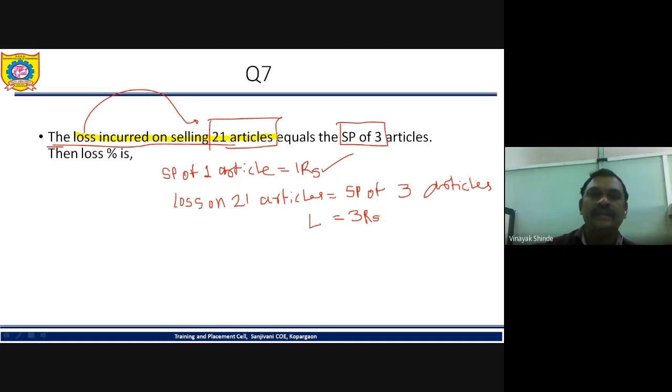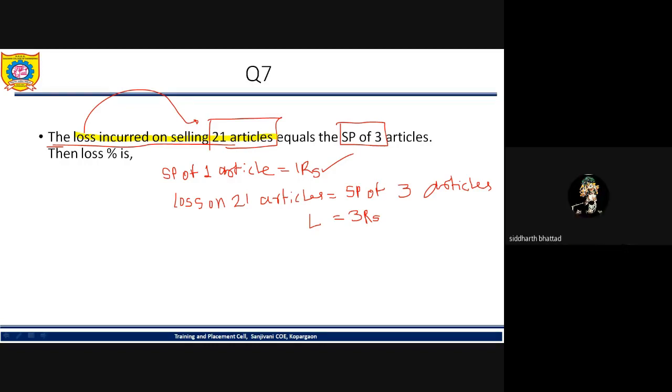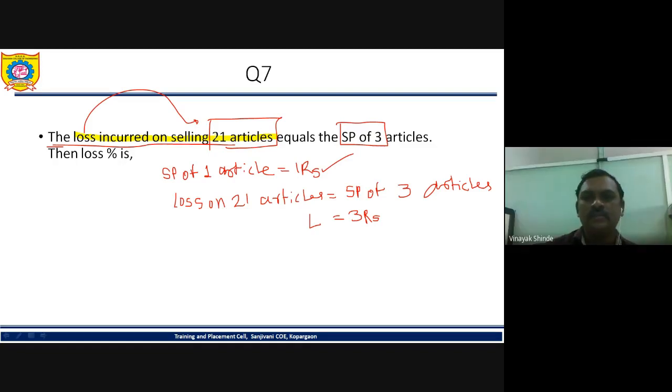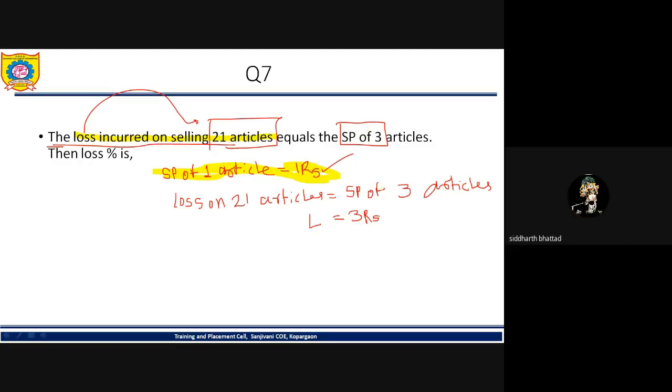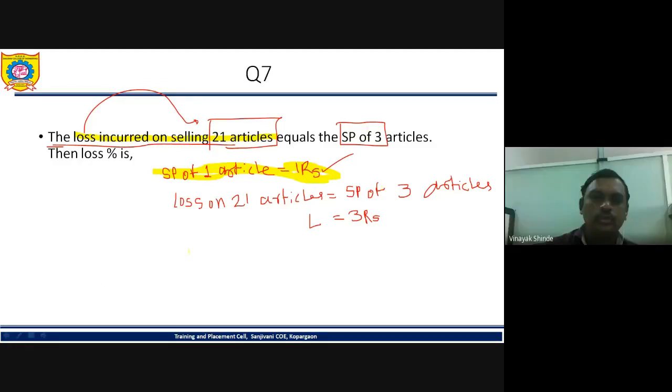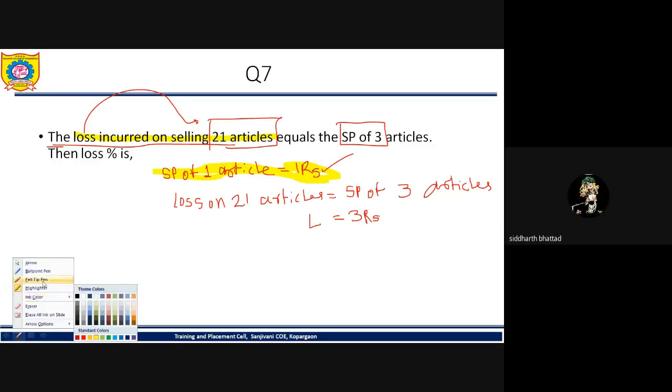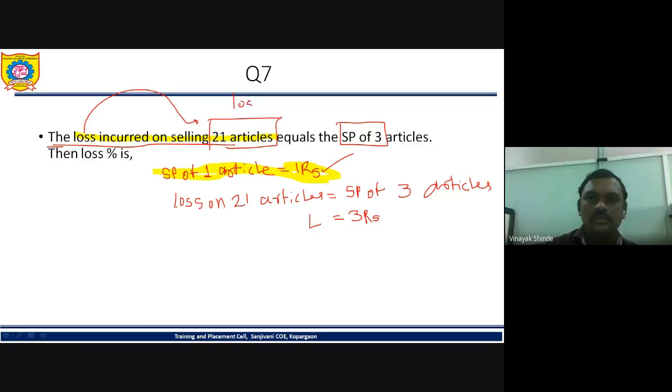When 21 articles are sold, the loss that comes is equal to the selling price of 3 articles. And our assumption is the selling price of one article is 1 rupee. So what will be the selling price of 3 articles? 3 rupees. So total loss will be 3 rupees only.